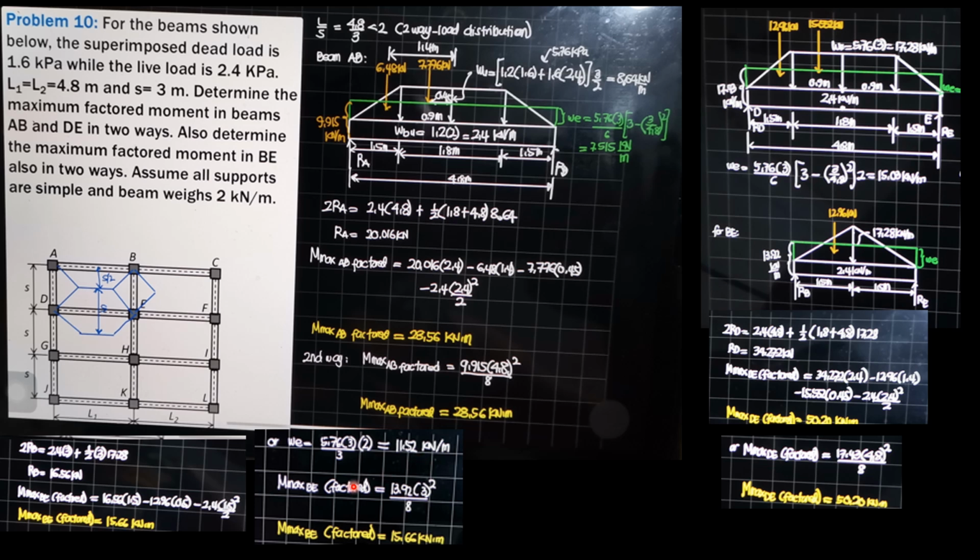Then maximum moment factored based on this equivalent uniform load, plus the weight of the beam 2.4. So it is equal to 11.52 plus 2.4, so that's 13.92 kilonewton per meter. So maximum moment is W, 13.92, L squared, 3 squared over 8. So we'll get the same answer of 15.66 kilonewton meter. So that's it for this problem.